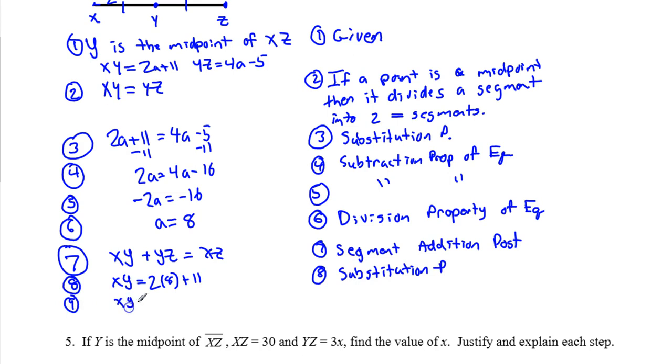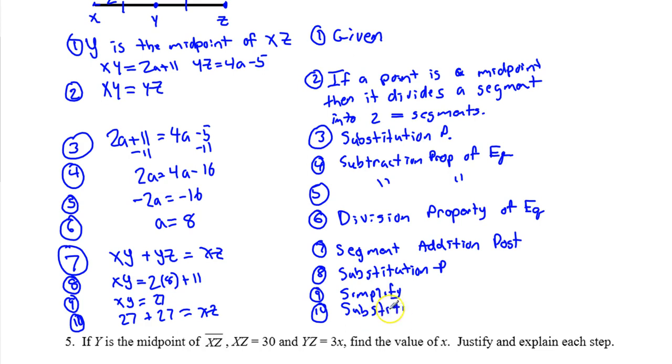So xy equals 2 times 8 is 16, 16 plus 11 is 27. That would be simplify, to describe what we did. Then I'm going to need another step: 27 plus 27 equals xz. What do we do there again? Substitution.